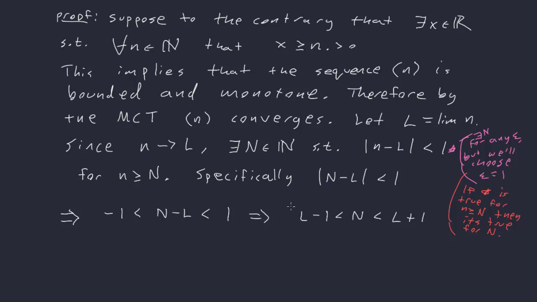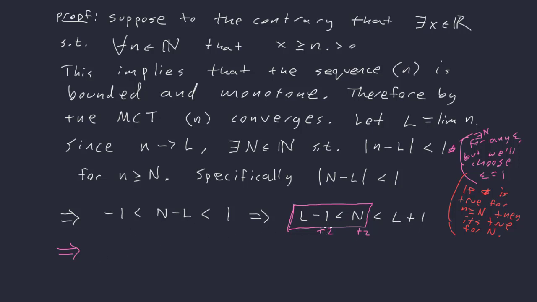Okay, now I'm going to take a closer look here. If I take this inequality here, let's add 2 to these pieces. I could add it to all three, but really I just want to look at this.